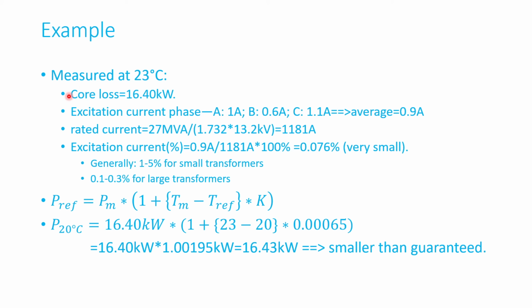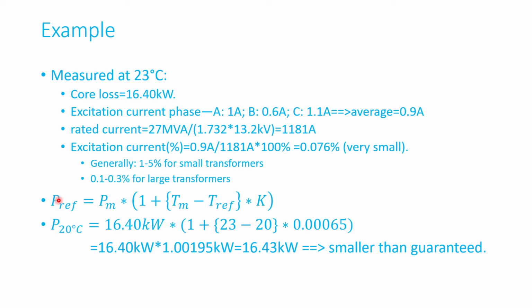In this case, I'm just keeping the same information for easiness of reference. But generally speaking, the excitation current is 1 to 5% for small transformers, and between 0.1 to 0.3% for large transformers. So it's very small.